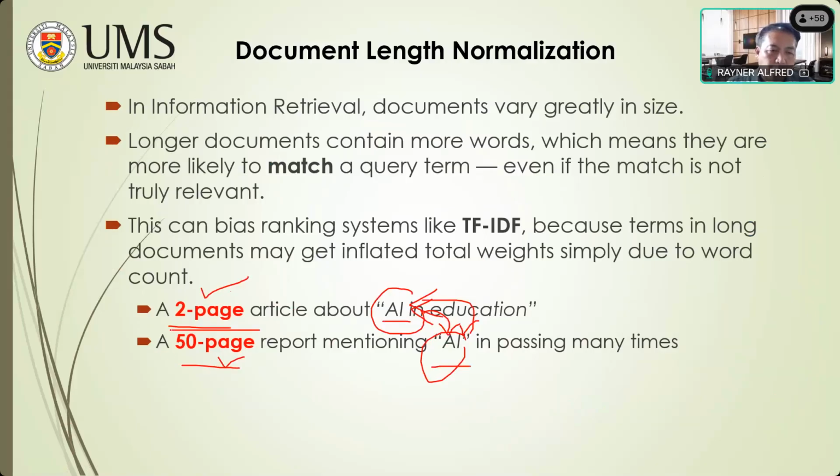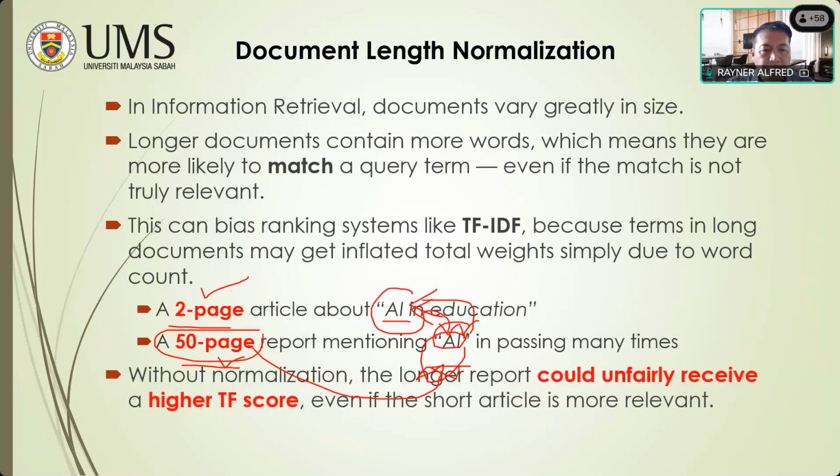So we normalize by the number of terms that exist in these 50 pages, take that value, and divide the number of AI occurrences by this value. We will go through how to normalize the value here.